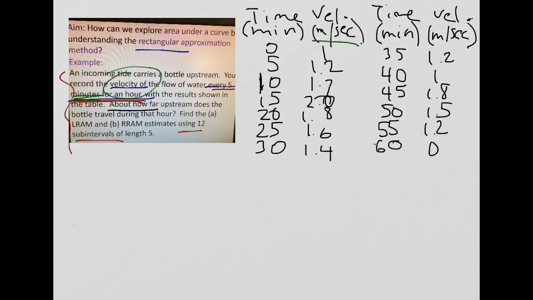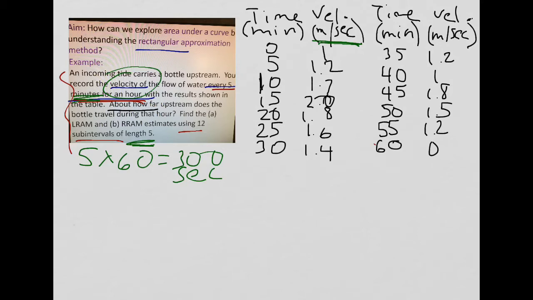So even though they have the same length of 5, what I would do is change the length into seconds so that it complements the velocity that's measured in meters per second. So 5 minutes is actually 300 seconds. That's going to come into play when we have to answer part A and part B.